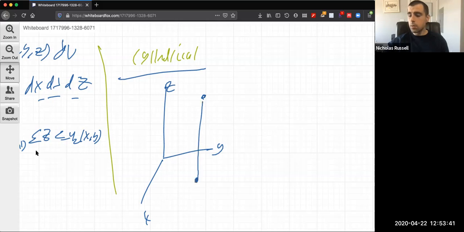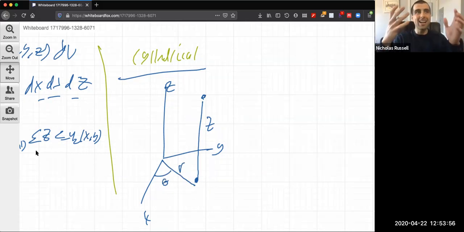That's fine, z coordinate stays. What I'm going to do instead is give you the polar coordinate for x and y. So think about what the angle is and what the radius is to that point. And this is now r, theta, and z. And we can describe every single point like this that's on a cylinder.